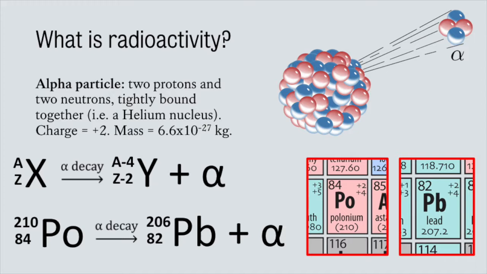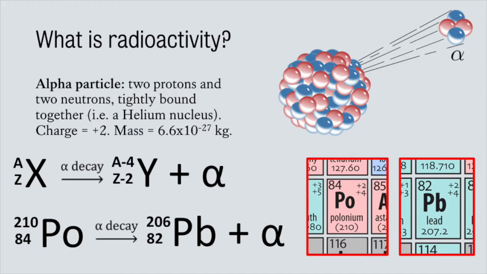This means that during alpha decay, the atomic number Z decreases by 2 because 2 protons have disappeared from the daughter nucleus. So this shows how a radioactive decay chain is formed through alpha radiation. And I have given you an example at the bottom of the slide.